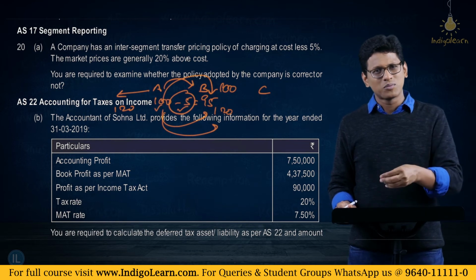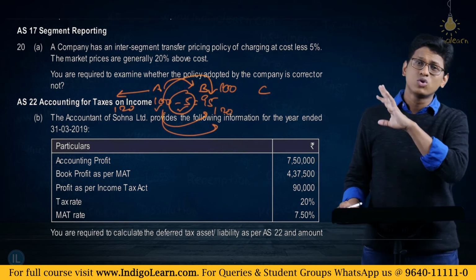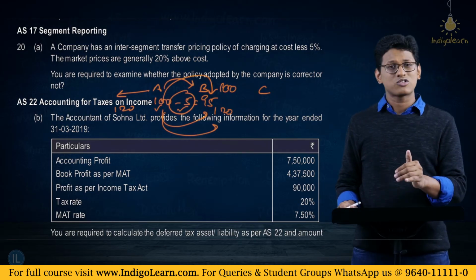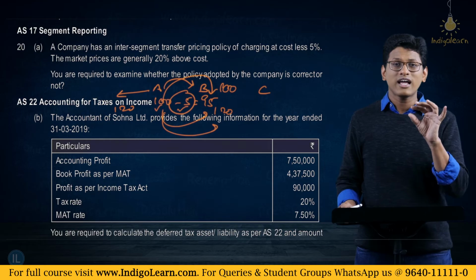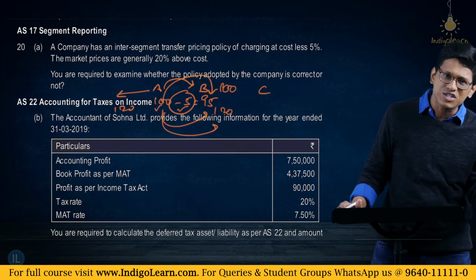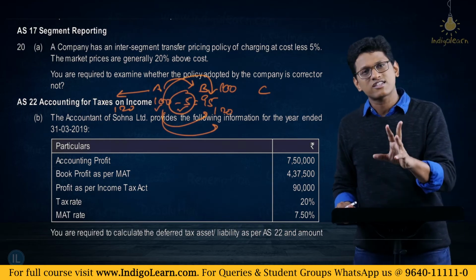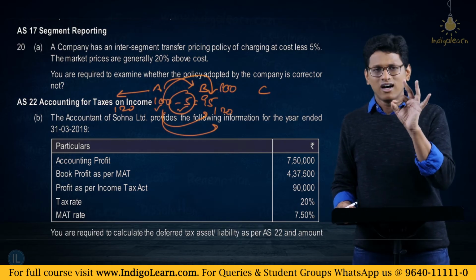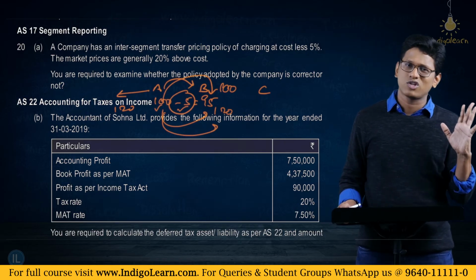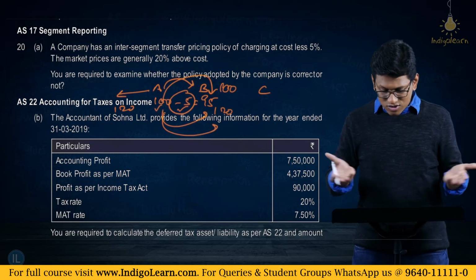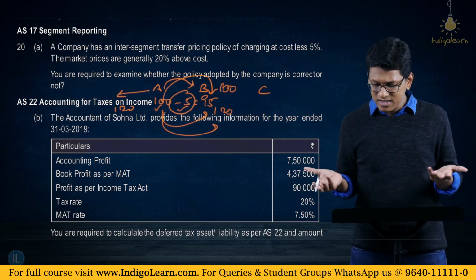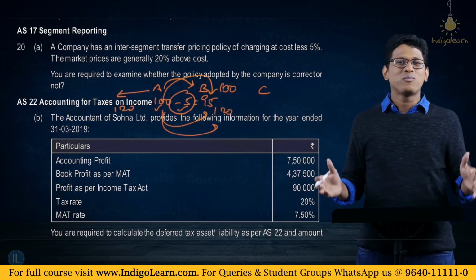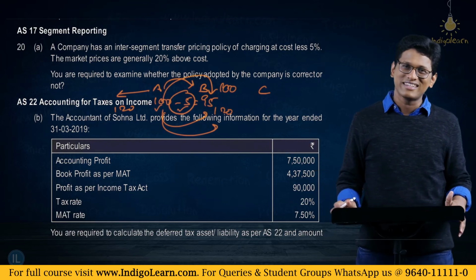By reading segment reporting, there is no accounting we do. Second, in segment reporting also, we do not have to worry about the price at which this transfer pricing is happening. We just need to ensure that disclosures are clear and comprehensive. That's all. Okay. So, the straight answer, is the policy adopted by the company correct or not? Yeah, it is correct. There is no problem with the policy adopted by the company.